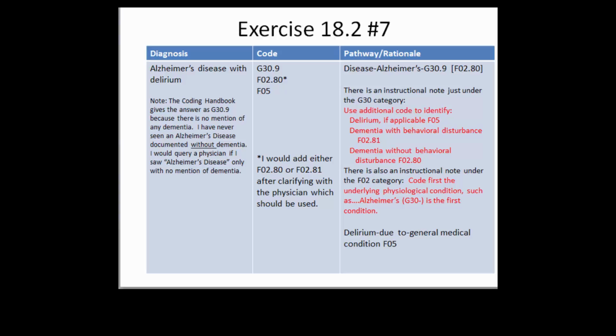But there's also the use additional code to identify these dementias with behavioral and without behavioral disturbance. When you go to the F02 category, there's an instructional note to code first any underlying physiological condition, and the first one is Alzheimer's. So let's look in the tabular so we can talk about that for a minute.